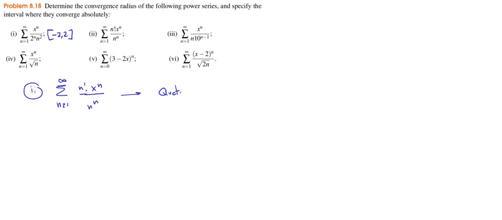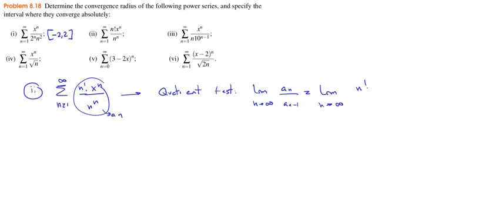For the quotient test, we know that the limit when n goes to infinity of a sub n divided by a sub n minus 1, and in this case, this is a sub n, is the limit of n factorial x to the n divided by n to the n, divided by n minus 1 factorial x to the n minus 1 times n minus 1 to the n minus 1.